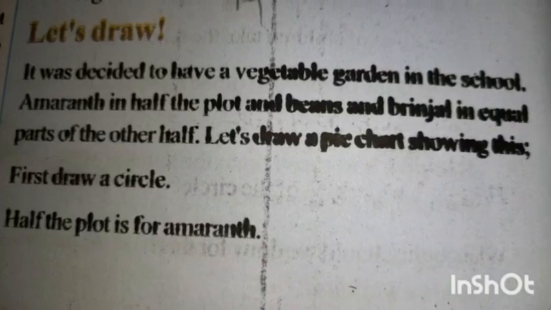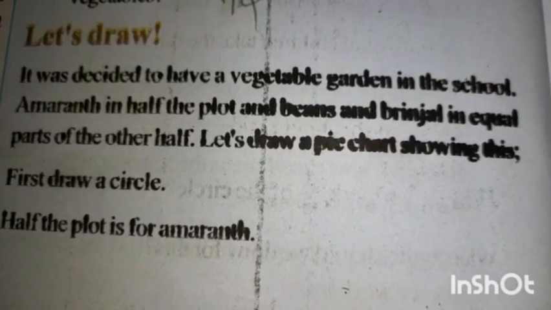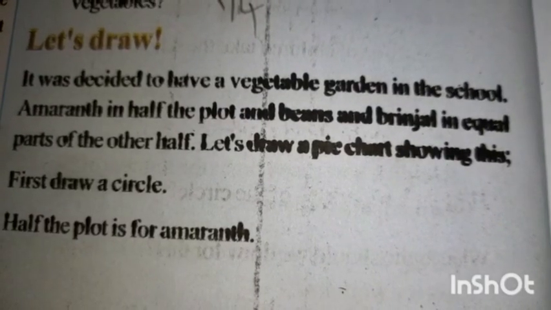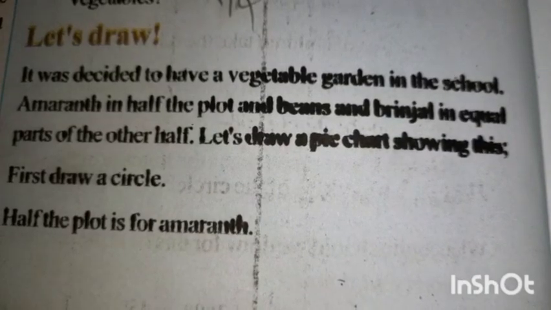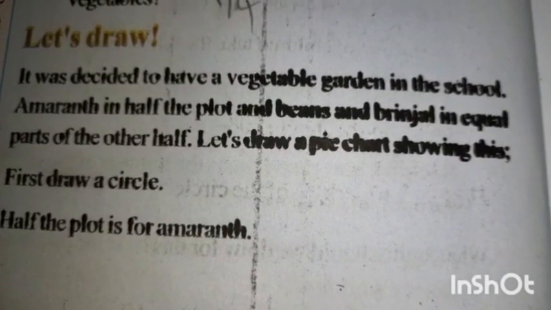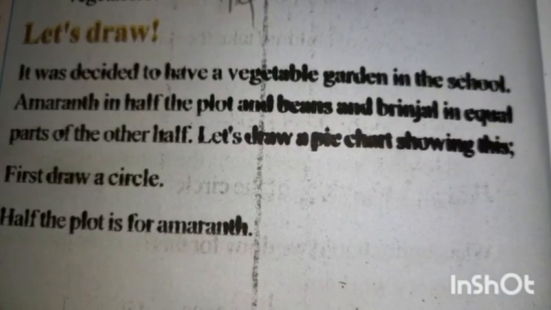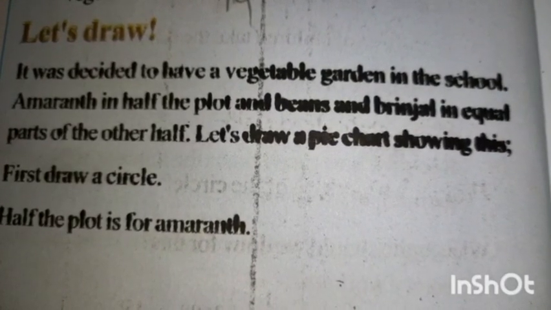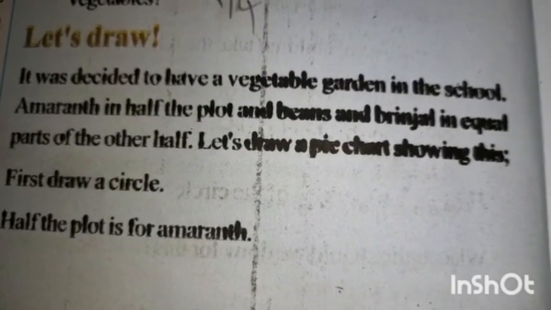They decided to have a vegetable garden in the school, with amaranth in half the plot, and beans and brinjal in equal parts of the other half. Let's draw the pie chart. So half portion is amaranth and the other part is beans and brinjal.